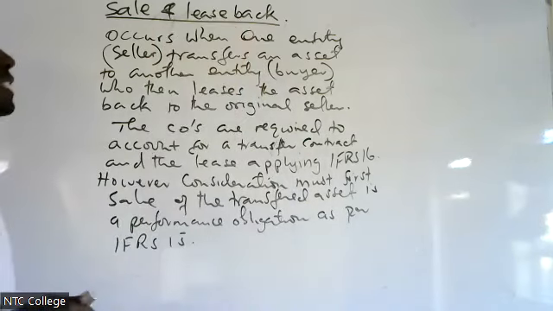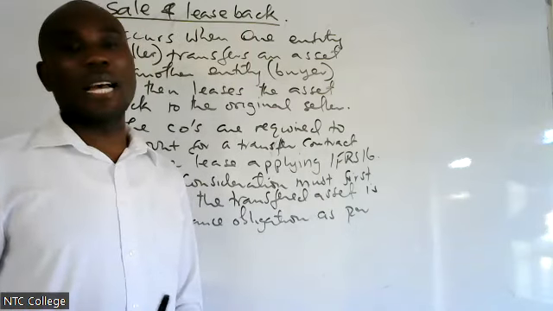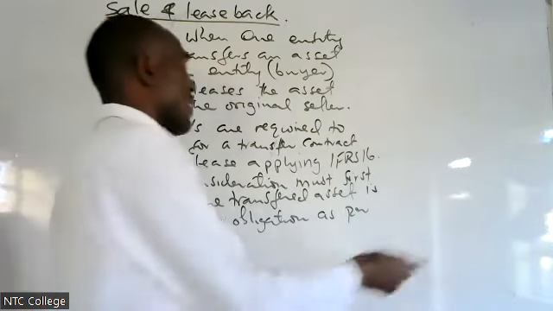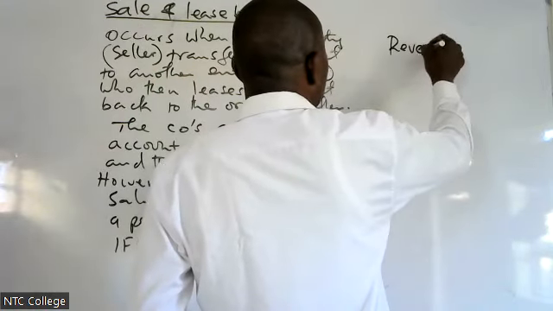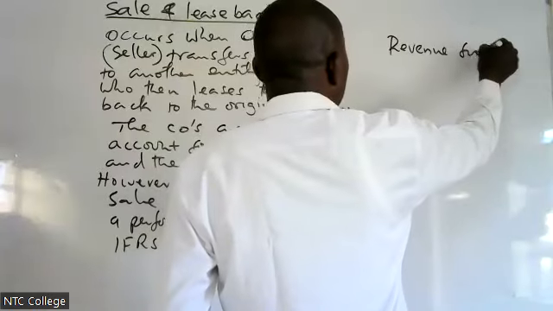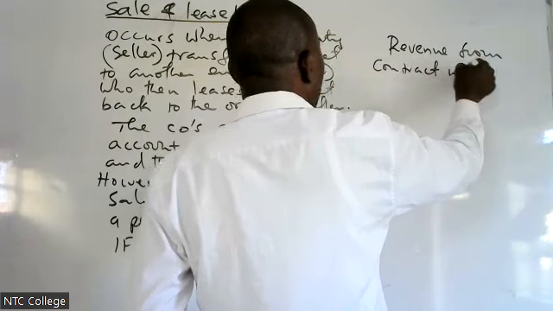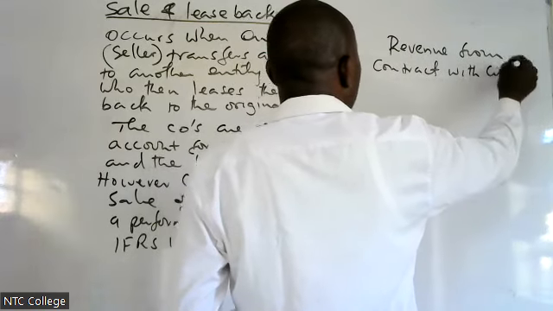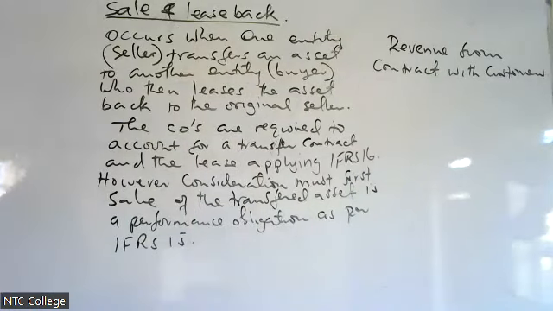Now, IFRS 15 says revenue from contracts with customers. That's the one we discussed, revenue from contracts with customers, that's IFRS 15.